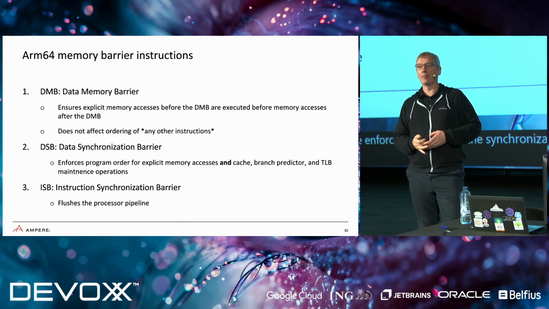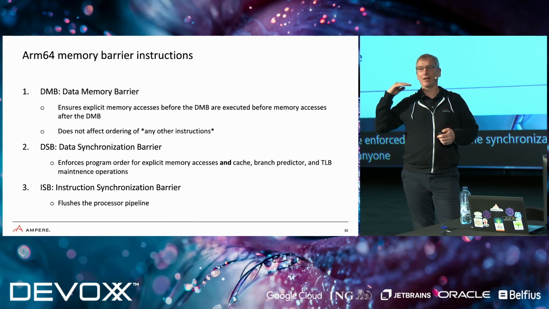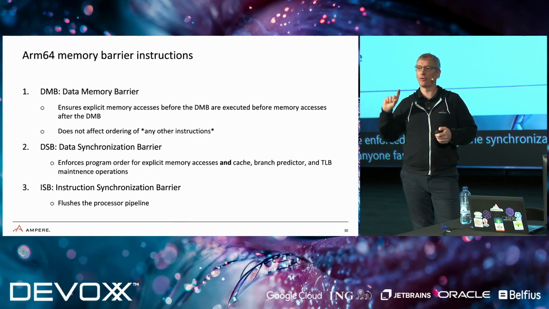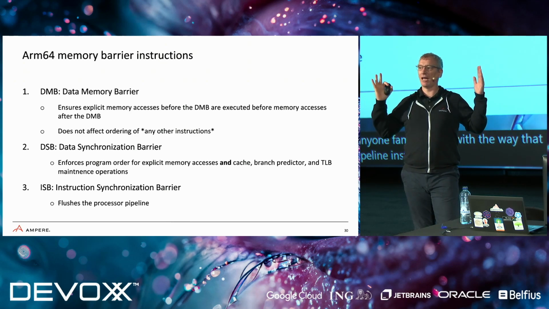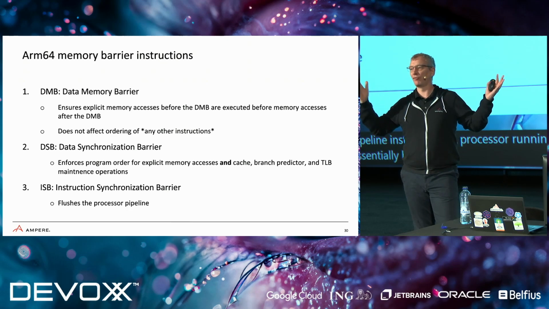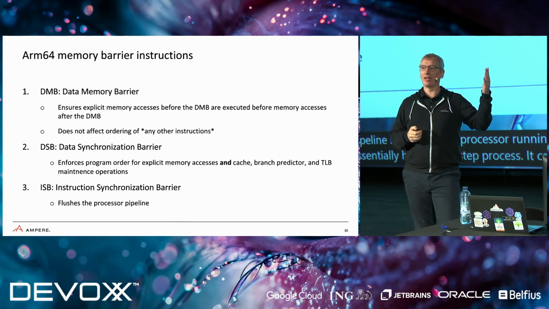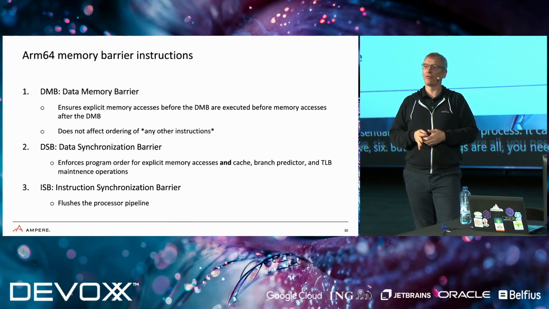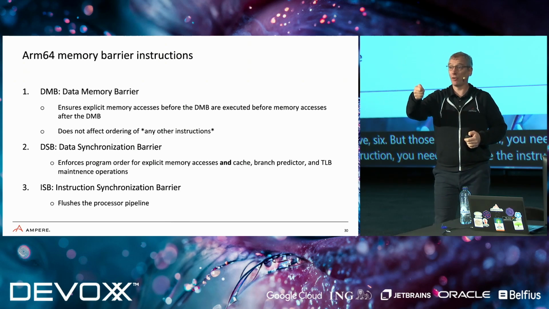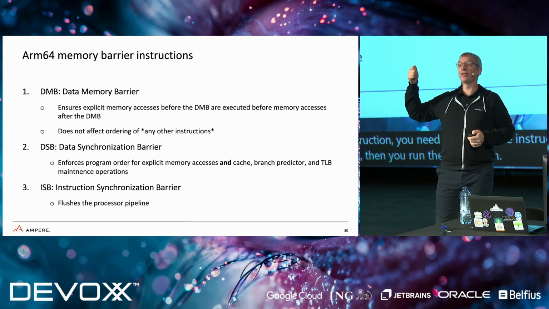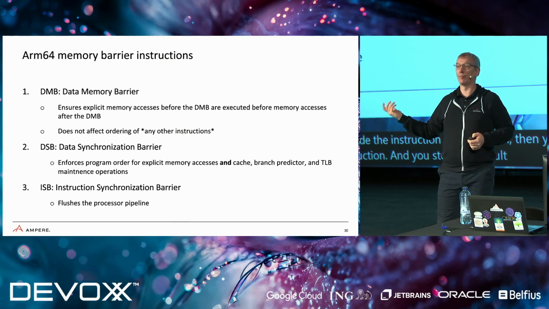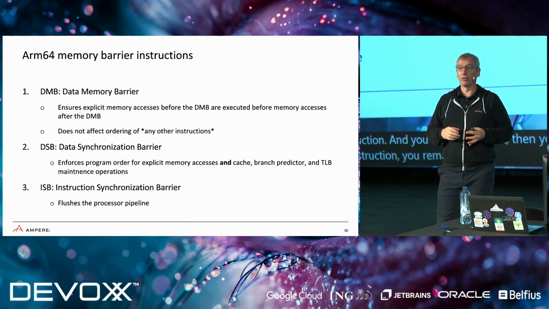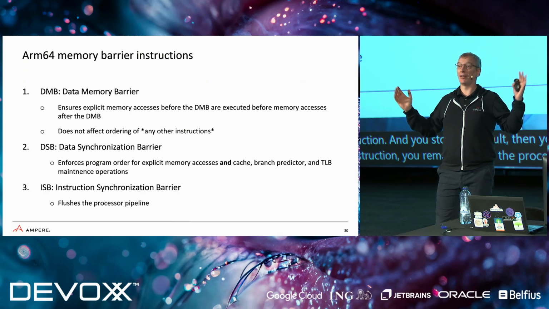If anyone's familiar with the way that processors pipeline instructions, running an instruction is essentially a multi-step process. It can be 3, 4, 5, 6 steps. You need to fetch the instruction, decode the instruction for execution, then run the instruction, then store the result, then retire that instruction, removing it from the processor. Those things can all run in parallel.